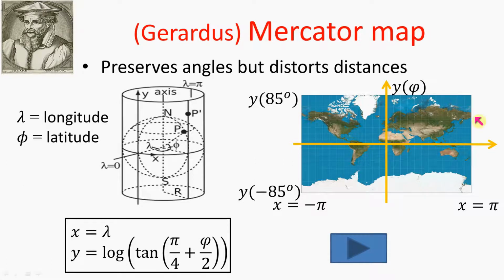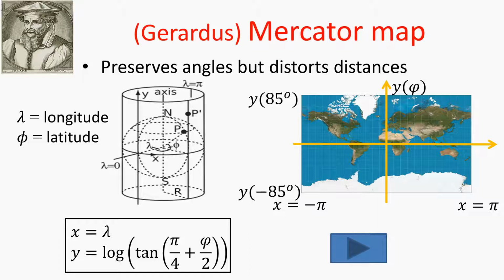A map is just a projection of the spherical surface onto the Euclidean plane. And as the sphere doesn't have a zero curvature, it has a constant positive curvature, this mapping must have a distortion. Maps always cheat. There are many different maps and they cheat differently.